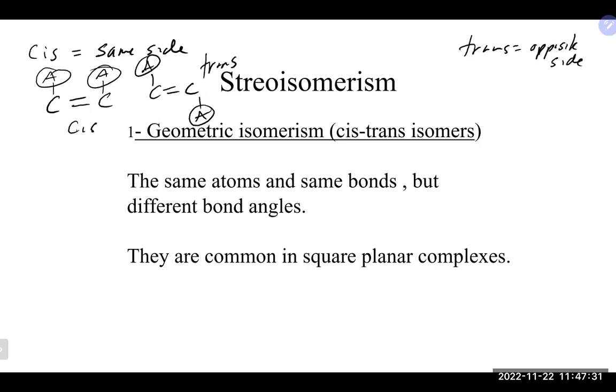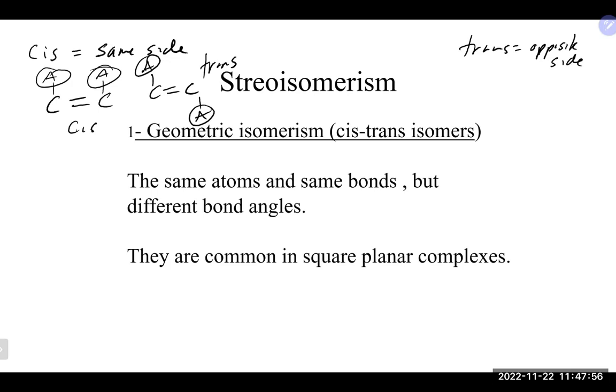And a lot of the isomers that we talk about here will have groups either on the same plane of the molecule, or on opposite planes of the molecule. So these are molecules with the same atoms, the same bonds, but different bond angles because of their arrangement in three-dimensional space. They're common in square planar complexes.